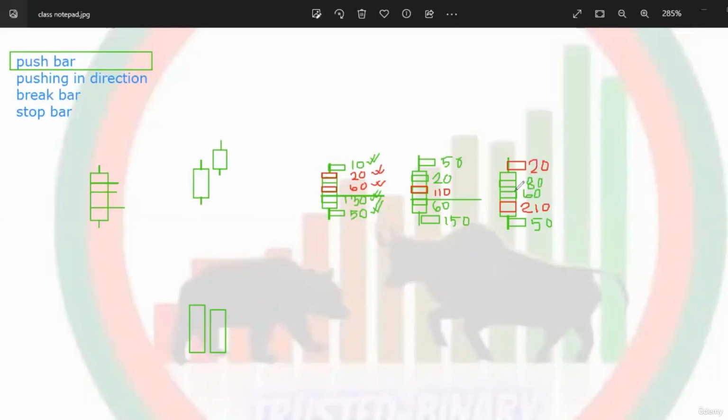So this is a bullish candle. And in this bullish candle, the lower part volume is high, and that volume is from the seller side in this area.